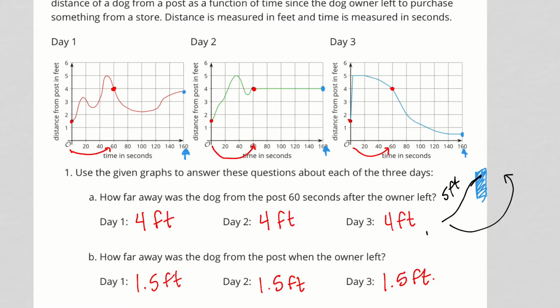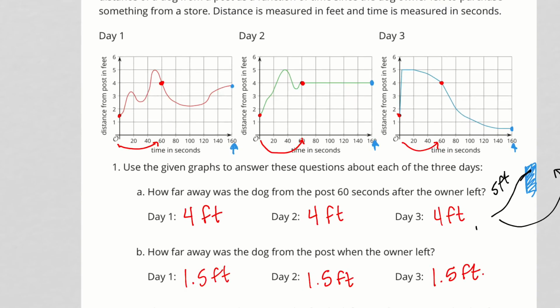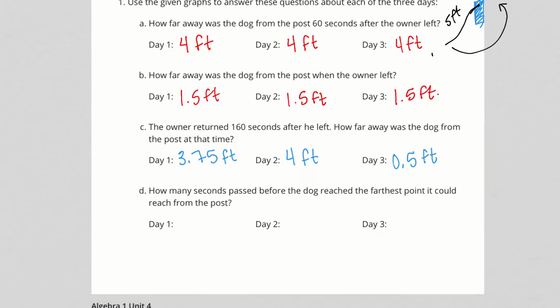So we're going to look at our graphs, and this time we're going to look across to 5 feet and then identify the time. Around 50 seconds. So around 50 seconds for 5 feet. So 50 seconds.